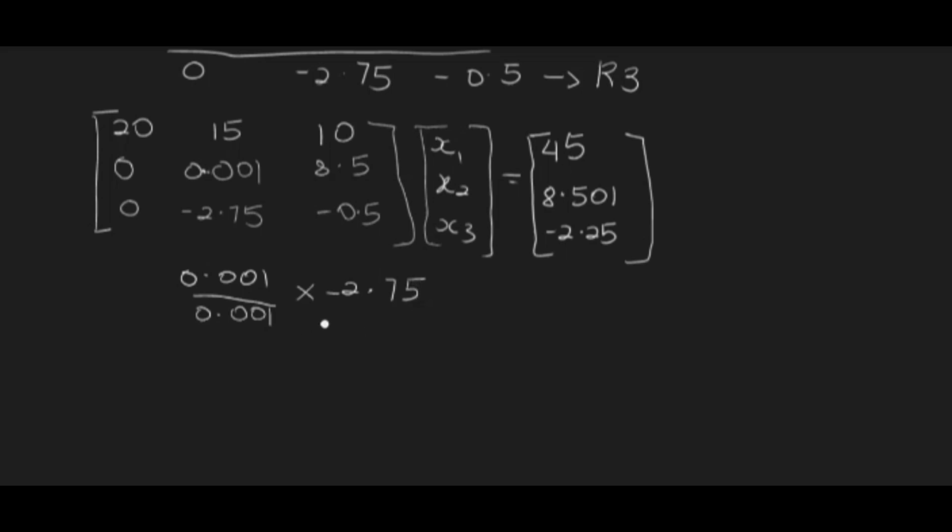When you get this, you are going to get the same value, that is negative 2.75 for the modification.